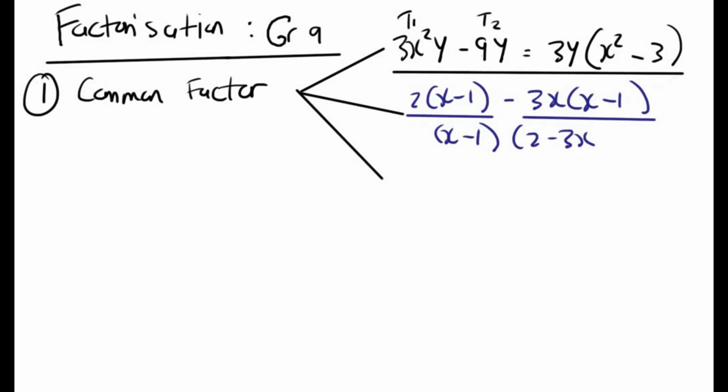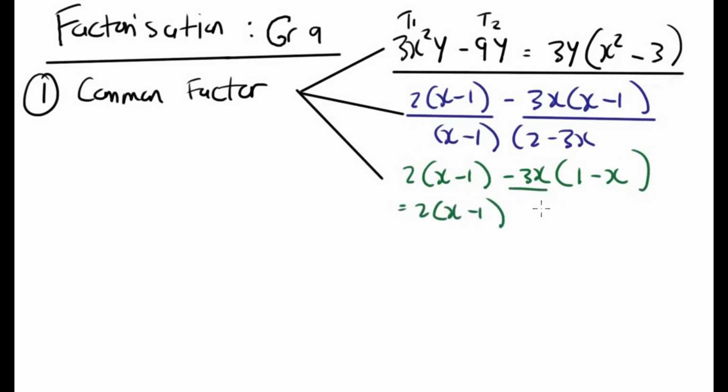And then the third type is where it's also brackets, but there's one additional step. It could be similar to the one on top where you've got 2x minus 1 minus 3x, but here you've got 1 minus x. What we did there was say that minus 3x becomes plus 3x, and then you're allowed to swap both of these around, so that becomes x minus 1.